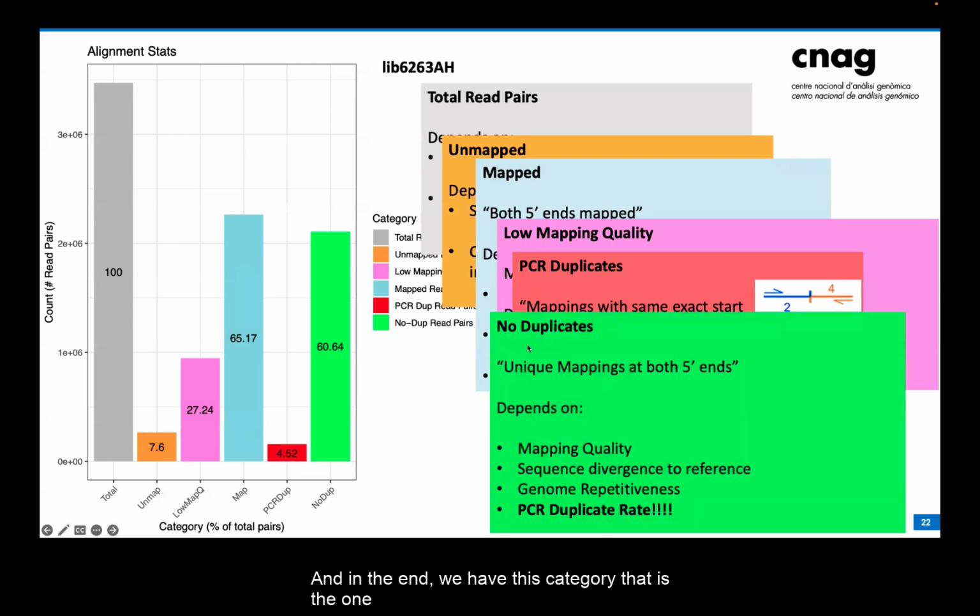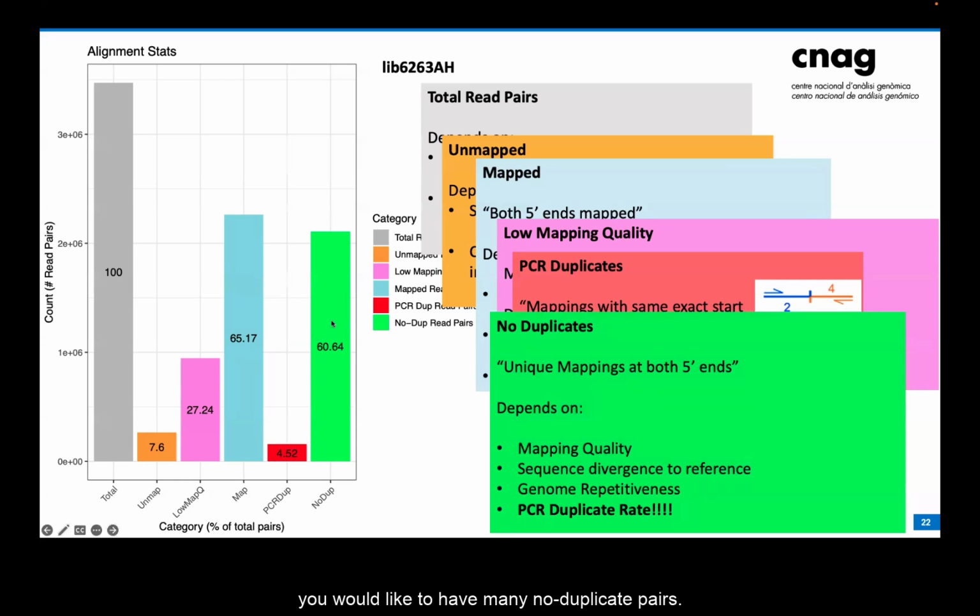And in the end, we have this category that is the one we would actually deal with, the unique mappings at both 5' ends. It basically depends on the factors that affect the mapping, and competes with the PCR duplicates for the pairs. Okay, so you don't want to have many PCR duplicates.